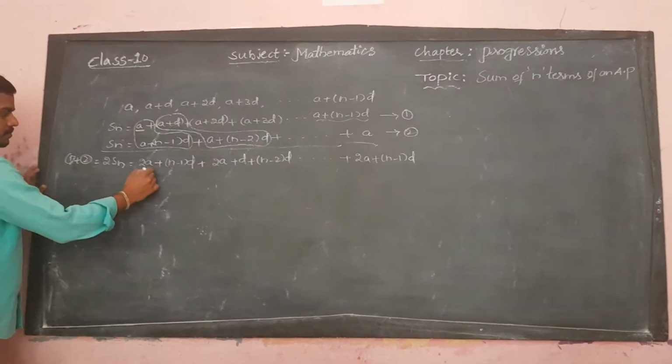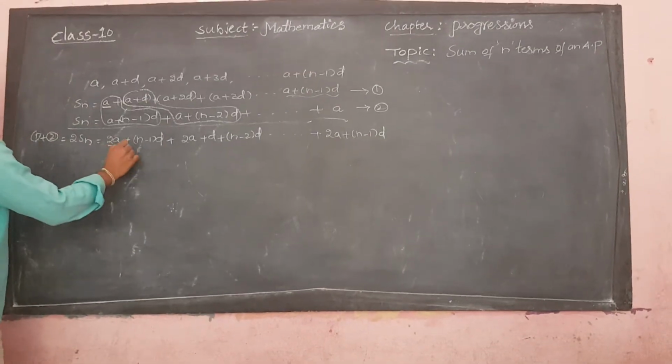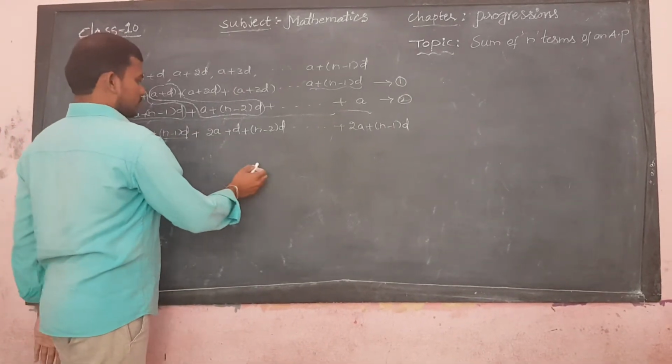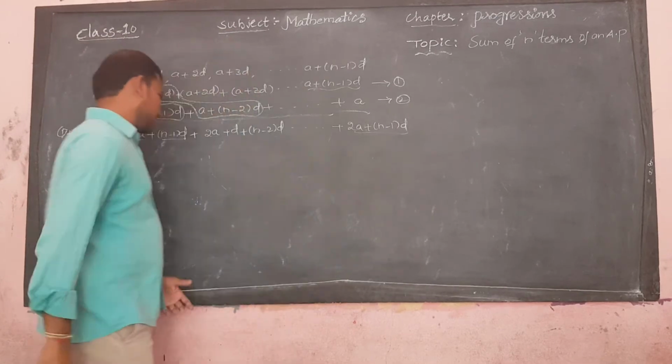So on, and so on. Here a plus a is 2a plus (n minus 1) into d. Observe these terms: each is 2a plus (n minus 1) into d.